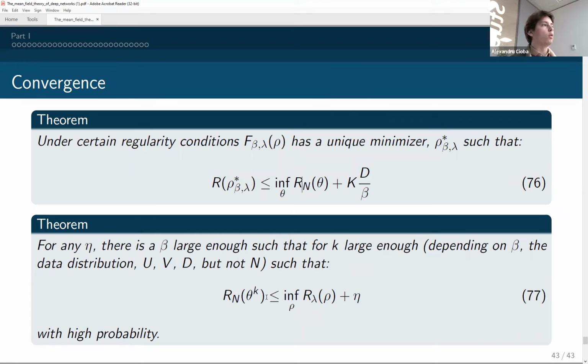So this gives you, for noisy SGD, it effectively gives you a convergence result to a global optimum. So this was kind of the first result of this type that I think appeared in the literature.